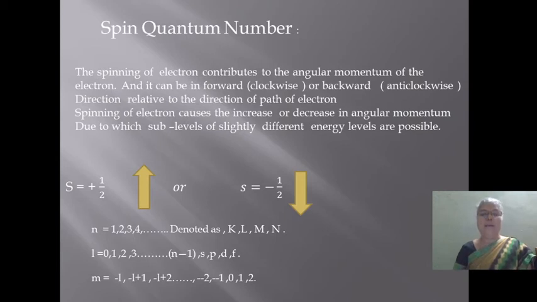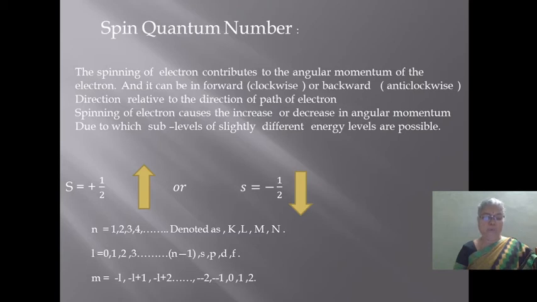Then another example, if n equal to 2 and L equal to 0, then it is called 2s orbital. Then if n equal to 2 and L equal to 1, then it is called 2p orbital, and so on.